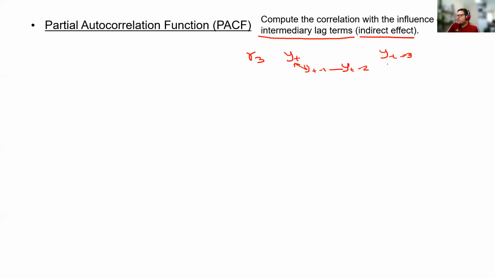And yt minus 2 is explained by yt minus 3. Therefore, there is also an indirect effect, not only of yt minus 3 on yt, but through the intermediate lag terms. So what the PACF does is account for the effects of those lags that are in between. This is t minus 1, by the way. It's not very visible there.